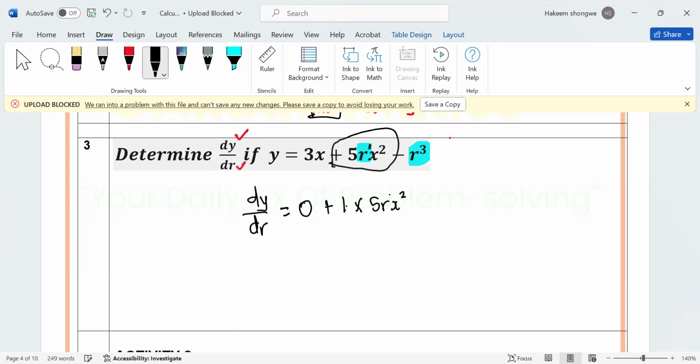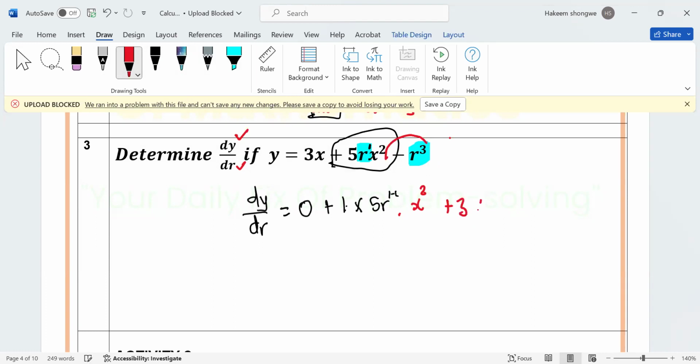And then you come to the r here, you're going to have 1 minus 1, multiplied by x squared. And then here we're going to have plus, look at this, it's plus.